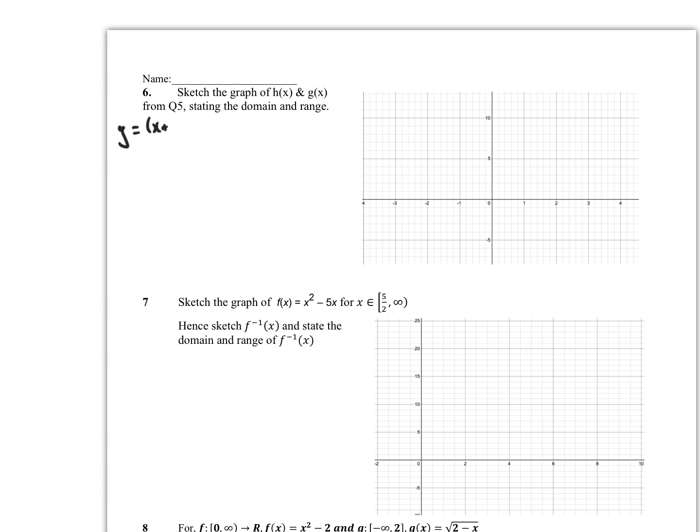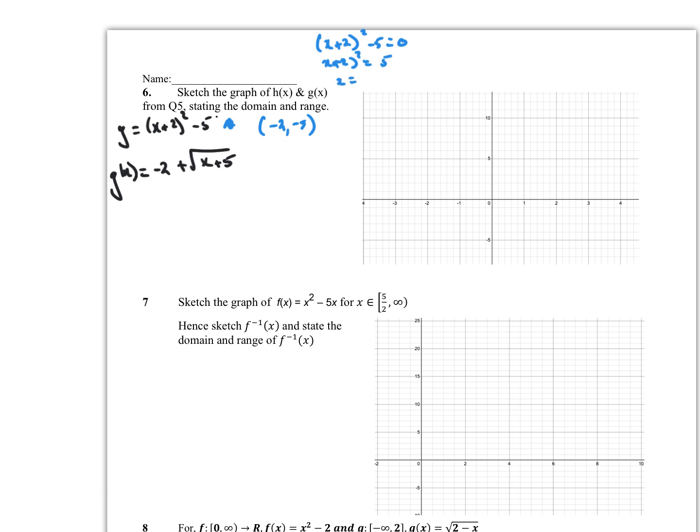Y equals x plus 2 all squared minus 5, and the plus the square root of x plus 5. So let's go blue for the original function. And we have a turning point at the point -2, -5. If we get an x-intercept, I'll get x plus 2 squared minus 5 equal to 0. 2 squared equals 5.